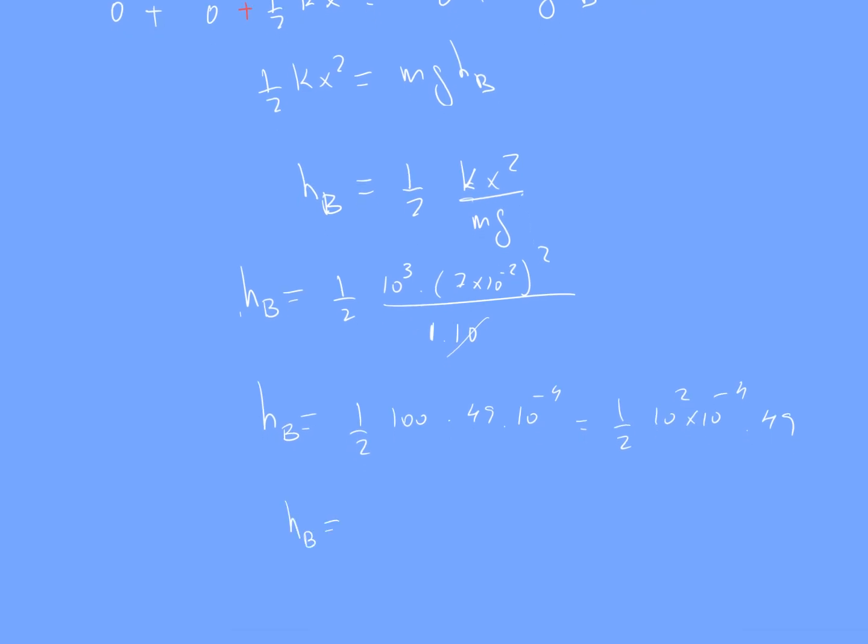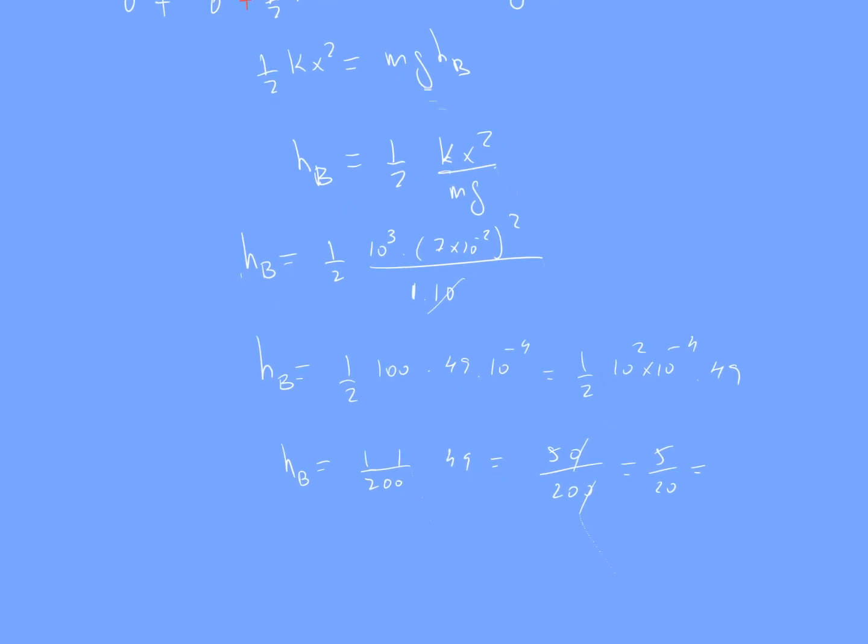So the HB will be 1/2, 10 to the minus 2 times 49. 10 to the minus 2 is 1 over 100. So 49 is about 50, more or less, like 200, so it will be 5 divided by 20.